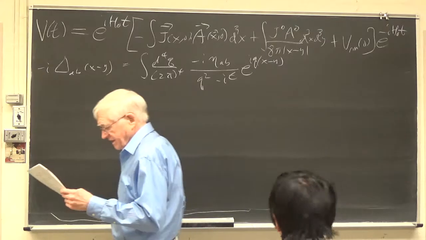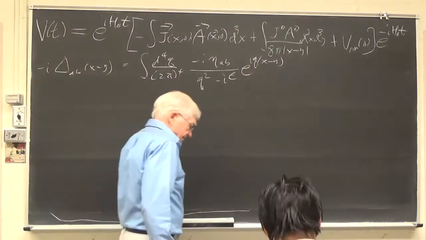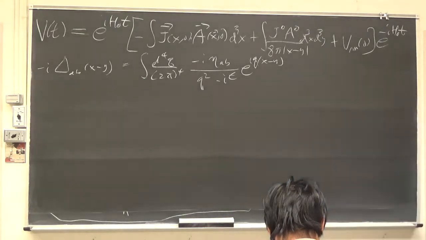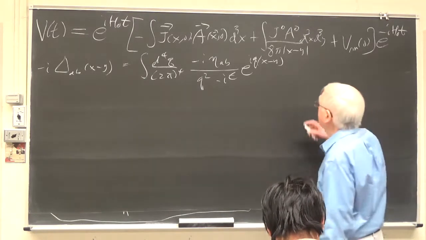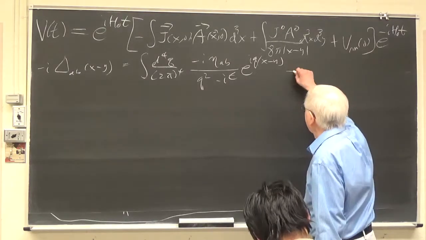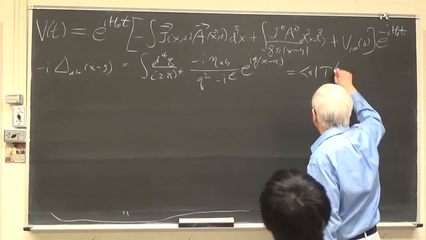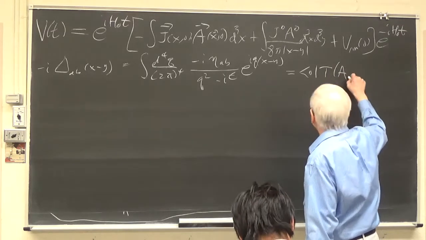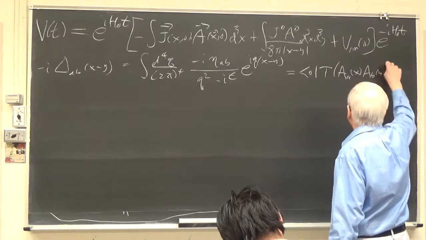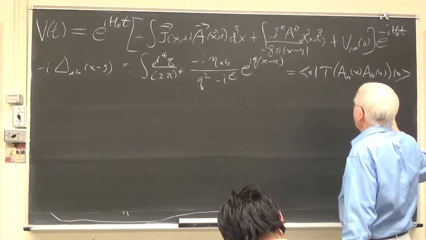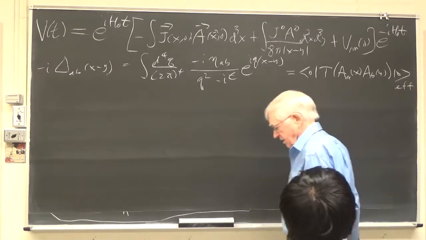So it's perfectly covariant, and this is the mean value in the vacuum of A sub A of x, A sub B y vacuum, and I'm going to write effective here.